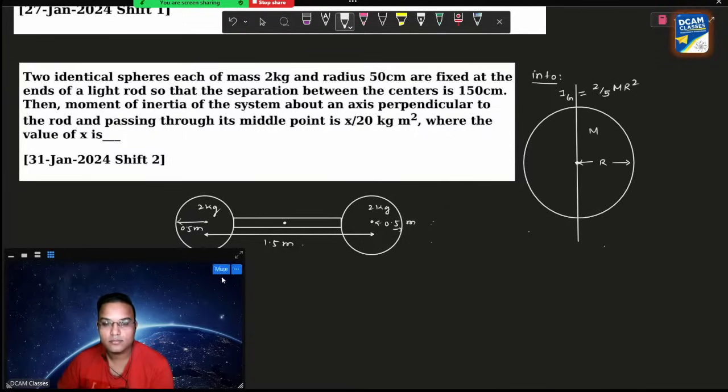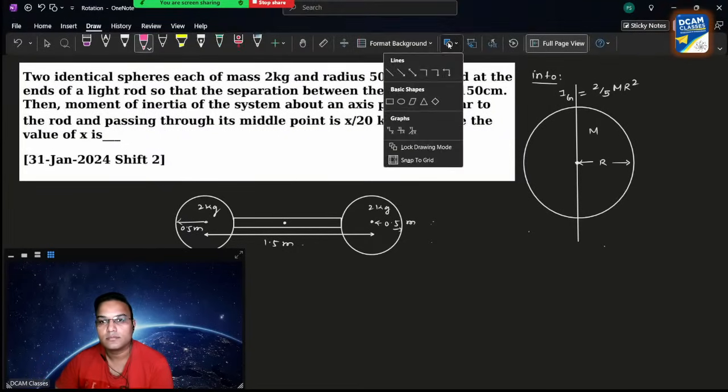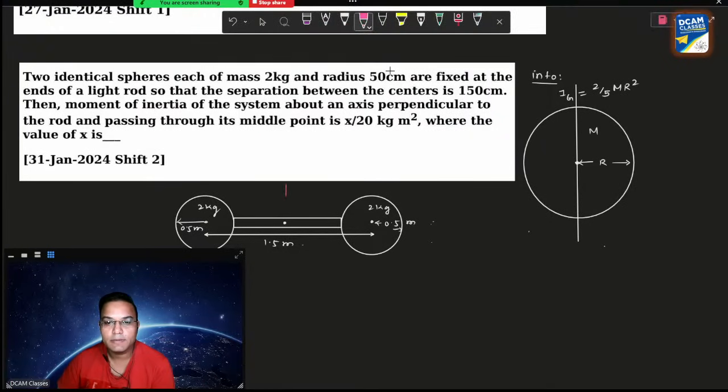They want the moment of inertia of this system about an axis passing through the center, about this pink rod. Its diagram.